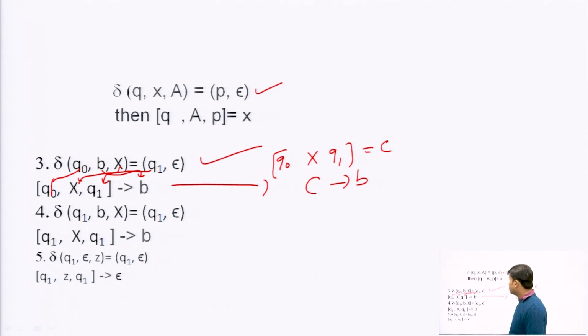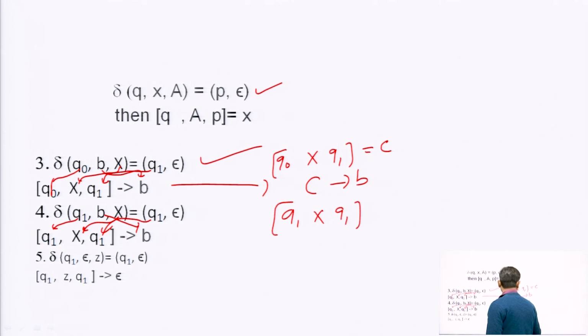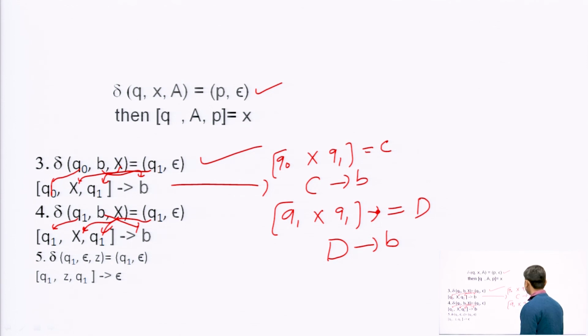So here q1 b x, then q1 epsilon. For this you see q1, and this is x, and this is q1, and this is b. So this is q1 x q1 b. Suppose we assume this one as D, then this is D to b.